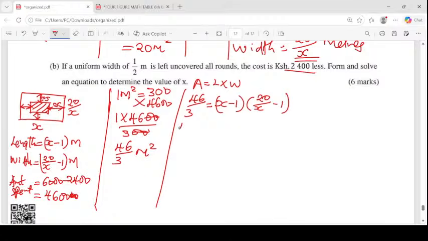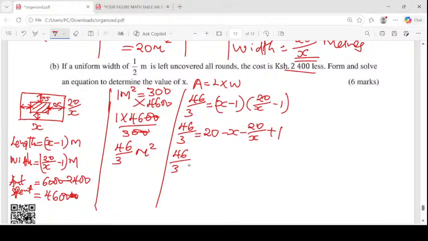So this will be 46 over 3 is equal to, when you multiply this, x times 20 over x, this will become 20. X times negative 1, this will become negative x. Negative 1 times 20 over x, this will become minus 20 over x. Then negative 1 times 1, this will become plus 1.